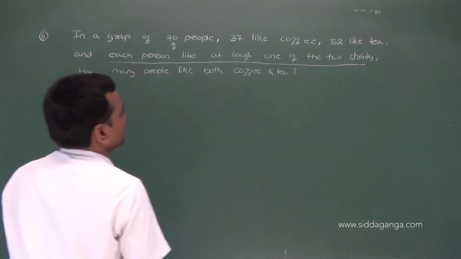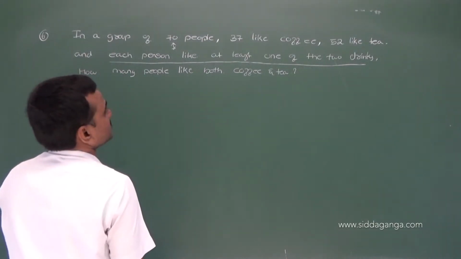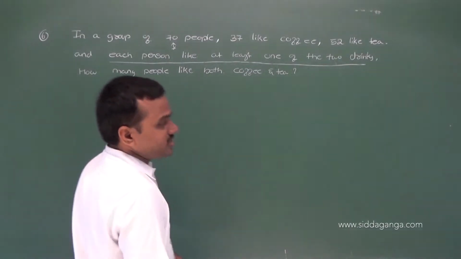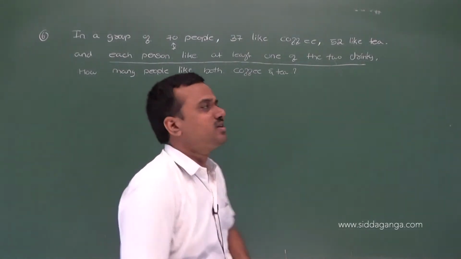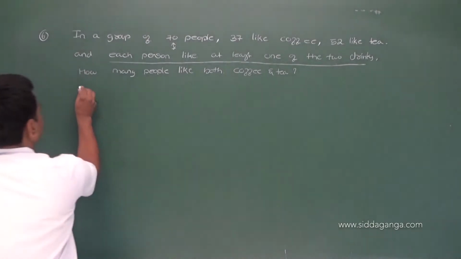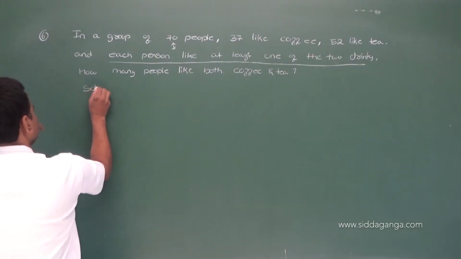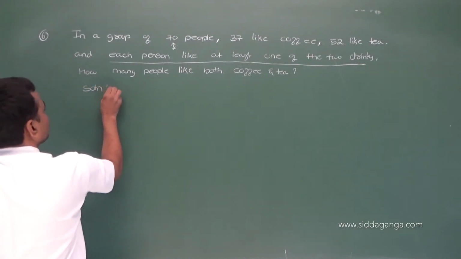What we do: we write the representation. We have to represent the sets. For coffee I represent the set C, for tea the set T. Solution.